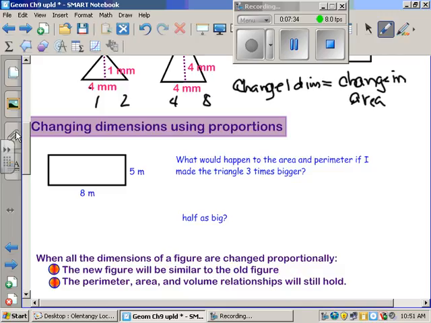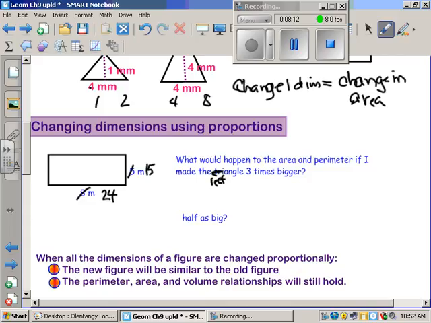If I want to, using that relationship, change the proportions of the perimeter and the area using a ratio, okay? If I made this rectangle 3 times bigger, so that means I'm going to change this 5 to 15 and this 8 to 24.